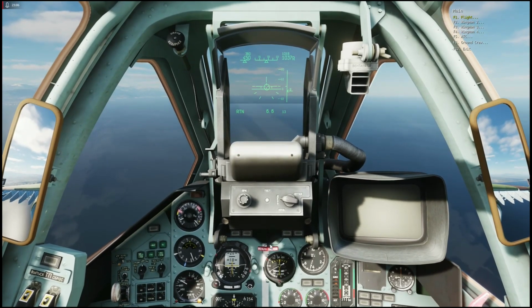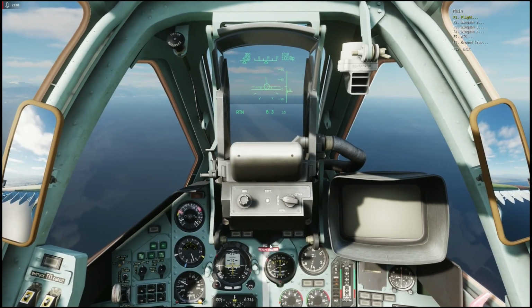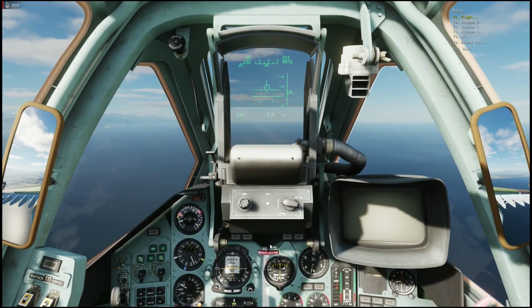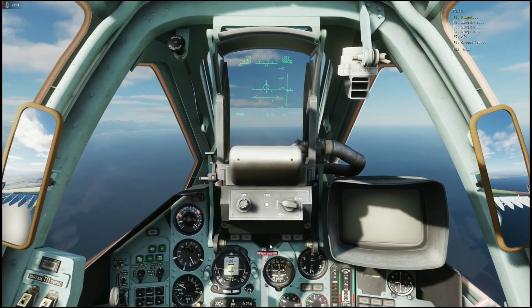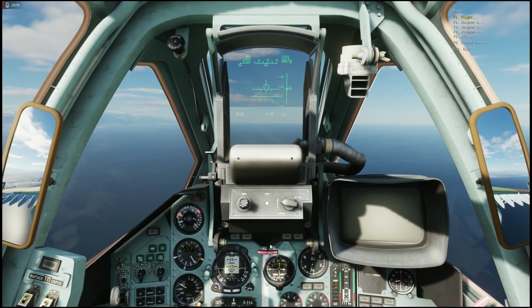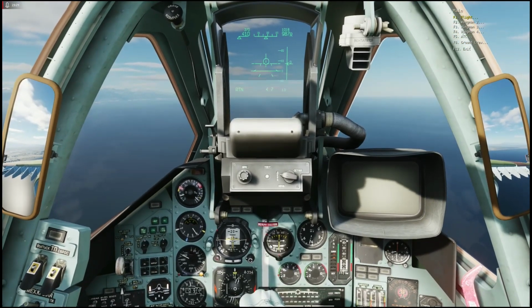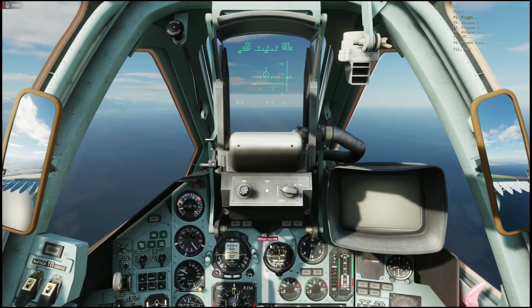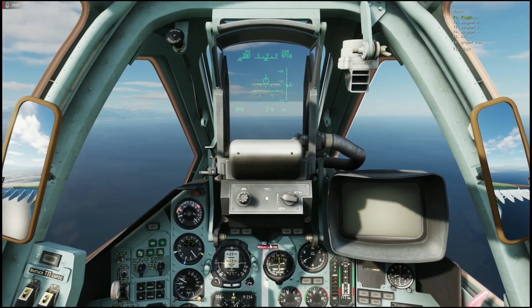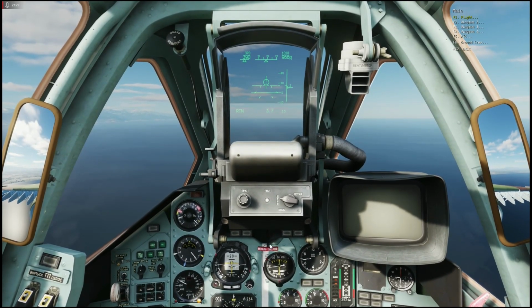Air brakes are still out. 6.5 kilometers. Climb a bit. Bit fast, looking at DDI, looking at ADI, HSI. I'm a bit left of the desired course, but I'm within 4 kilometers.